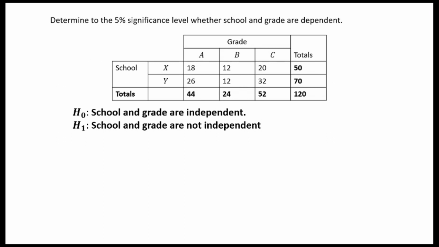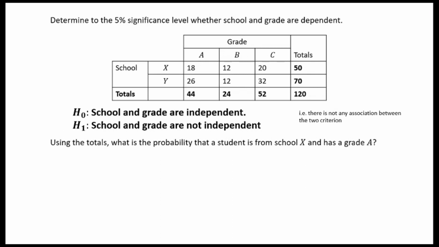Okay, so let's get down to it. We have our observed values in this table, but we're going to need to try and calculate some expected values. If these categories are indeed independent, then the way that we calculate the expectation is to multiply the probability of respective outcomes.